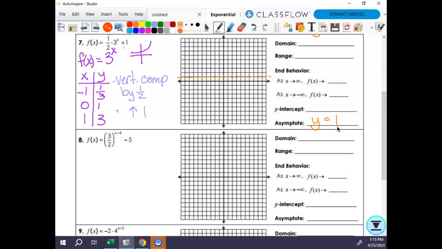All right, now your vertical compression. Vertical means, are we affecting x or y? Y. Very good. All right, so I'm going to plot these points, or I'm going to put my pencil at -1, 1/3. Okay? And then I have to do this vertical compression. That means my y value gets cut in half.